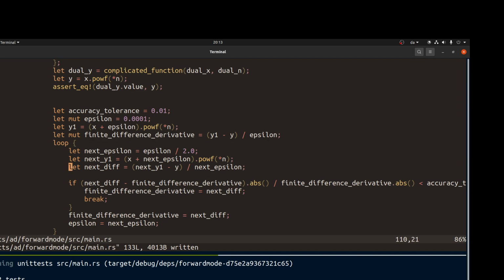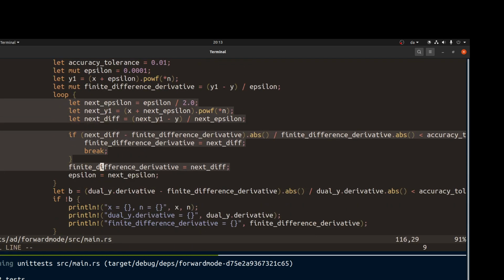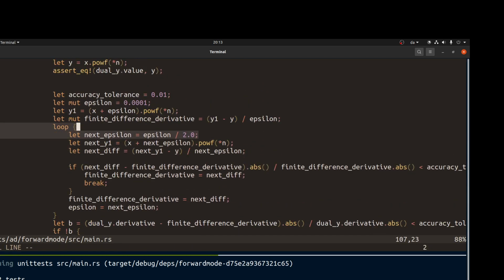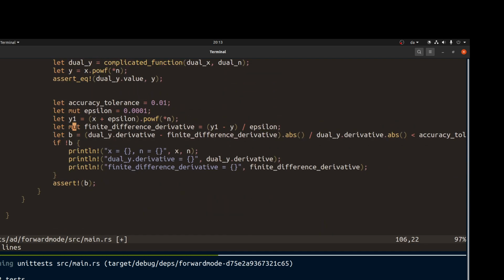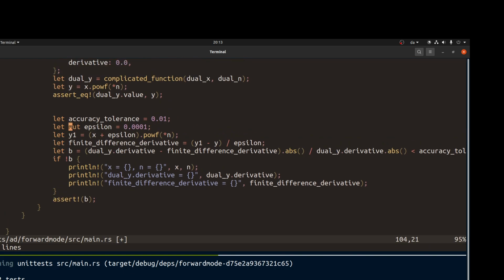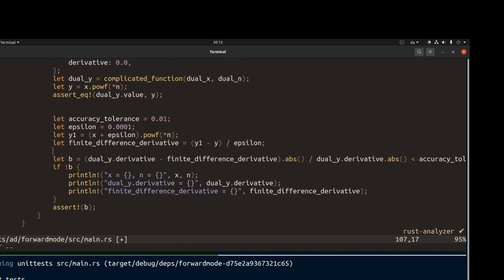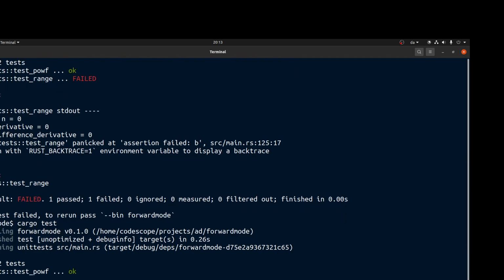The thing is that there are also problems with doing this, because finite difference derivatives are not necessarily stable. So how about we do this instead? Let's run it.